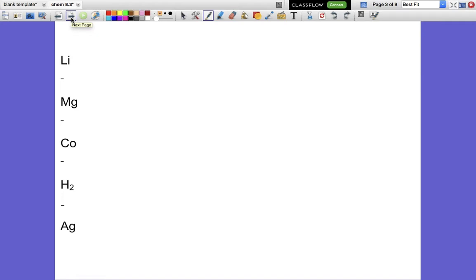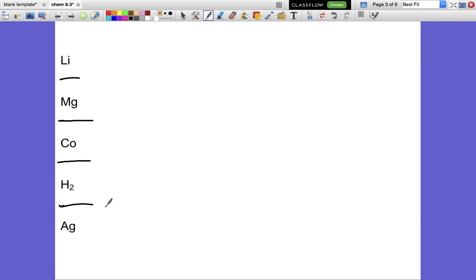But again, I don't have the full activity series in your notes. I only have little representative sections here. Lithium's at the top of the group with lithium, rubidium, potassium, barium, strontium, calcium, and sodium. I didn't want to put all those in on this slide. But anything that lithium can do, the rest of those elements can do.